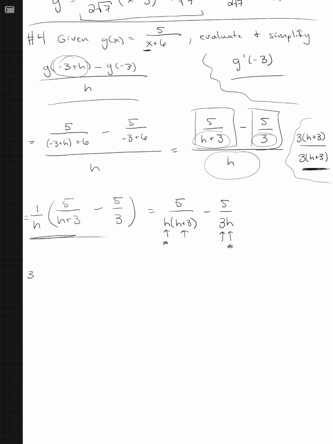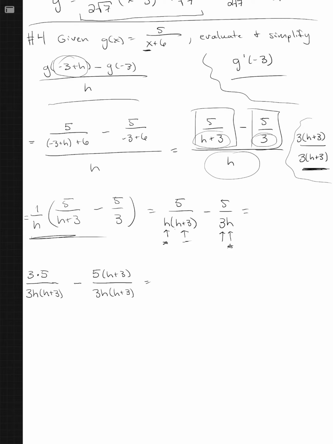But this one on the right needs a factor of 3 added, which we can add just by giving that factor to the top as well. And then the one on the left needs this factor of h plus 3 added, so we get 3h, h plus 3. Right?